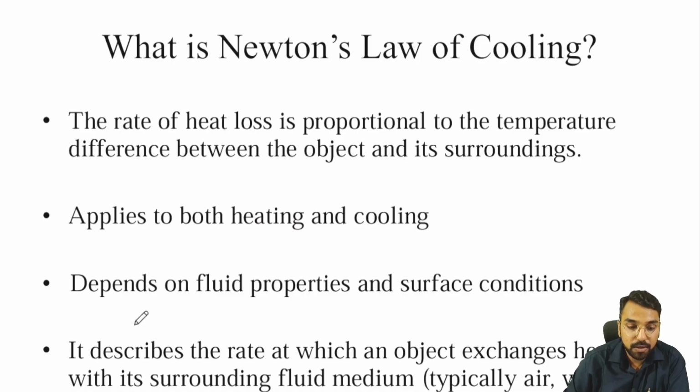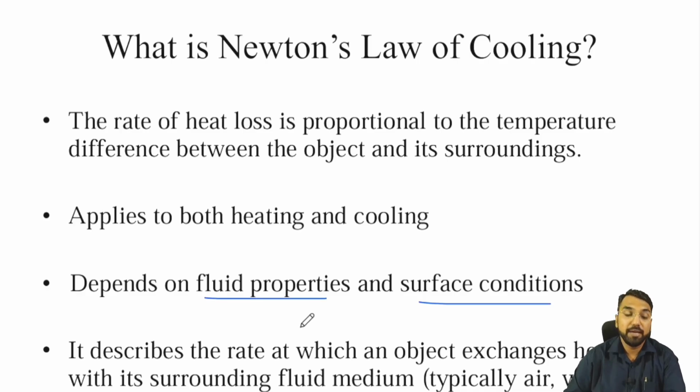This law depends on the fluid properties and the surface condition. These are the two main aspects of convection heat transfer we are going to see right now. Once again, let's consider a heated rod at 60 degrees Celsius. In the first case, the surrounding air has lower density and is at 4 degrees Celsius.